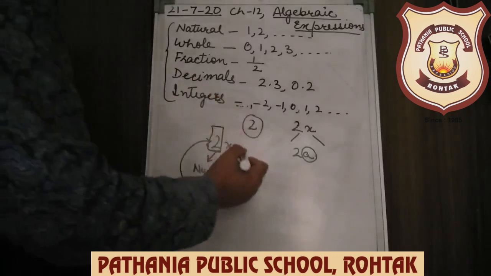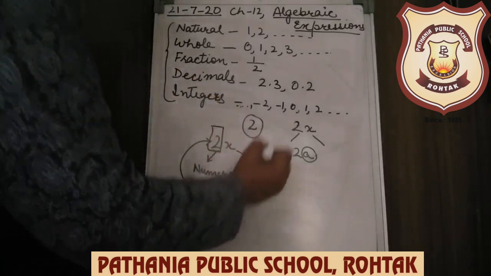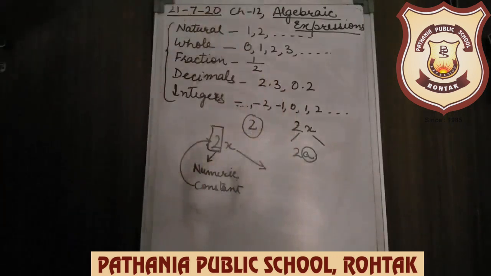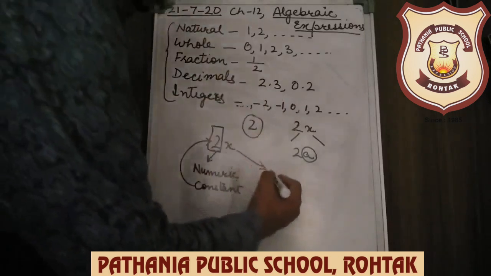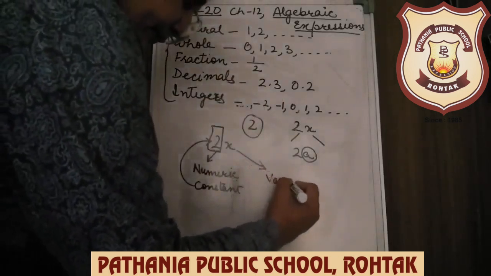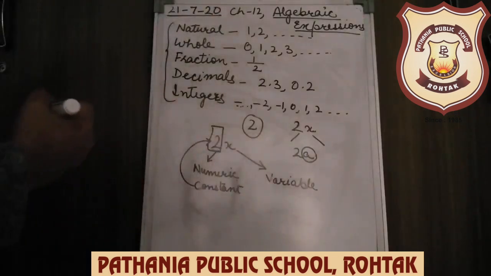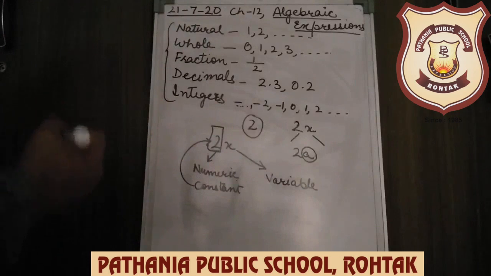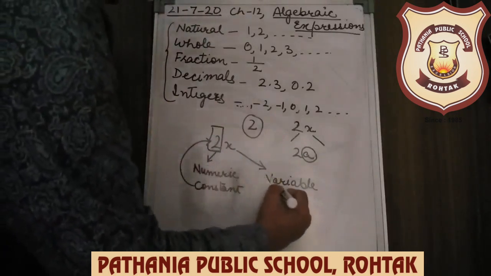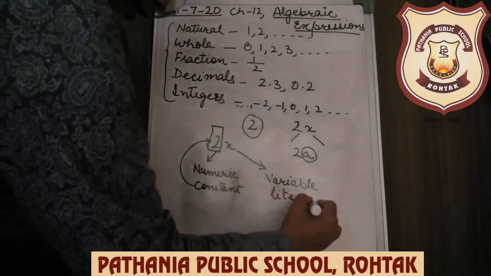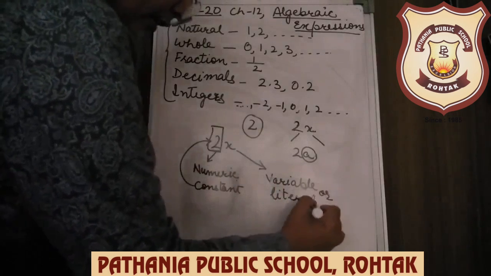And this x, a, b, c, which can be any letter of the English alphabet, is called the variable. It is called the variable or literal. Variable or literal.